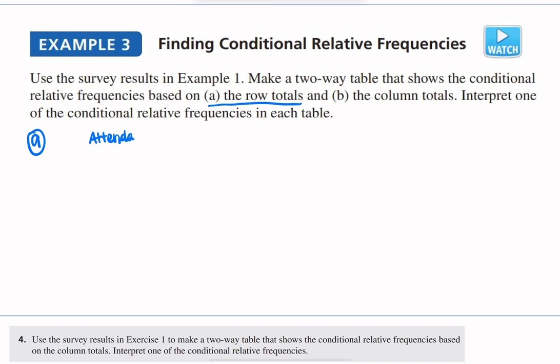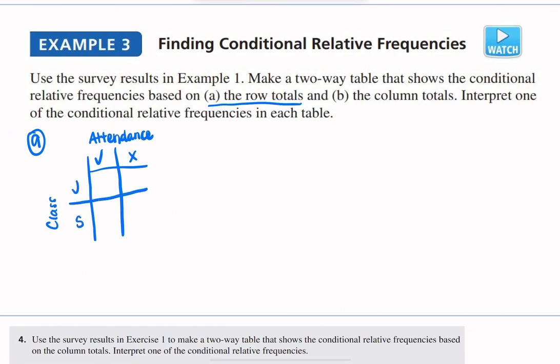We have attendance, so we have attending, not attending. We don't need total for this one. And then we have class, juniors and seniors.